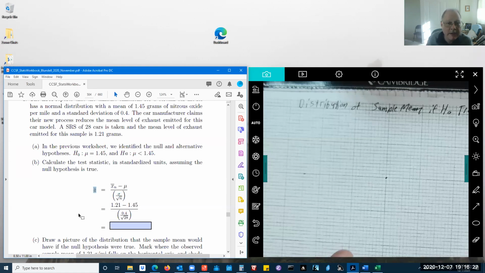If we did not know sigma, then we would be using the T statistic instead of the Z statistic. So calculate the test statistic, the Z, in standardized units, assuming the null hypothesis is true. So we want to take our sample mean and convert it into standardized units.